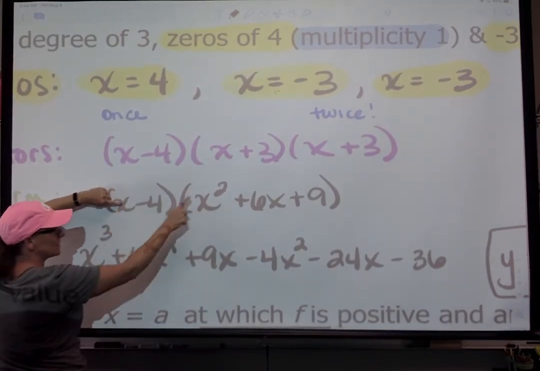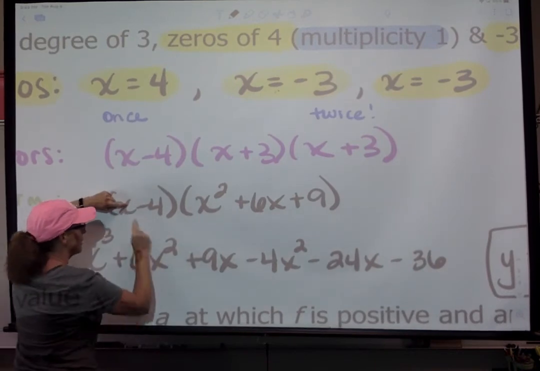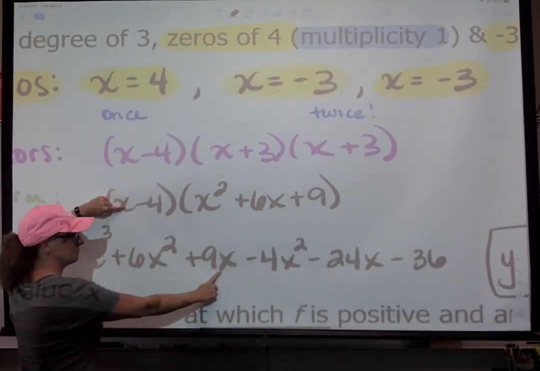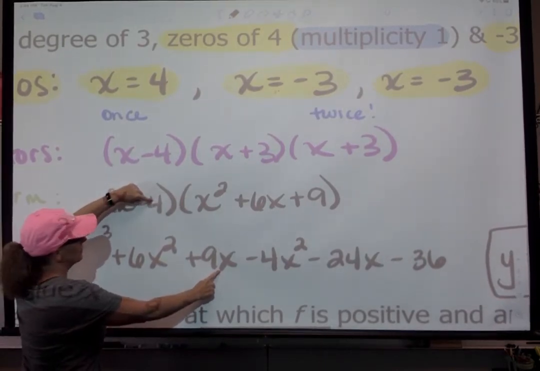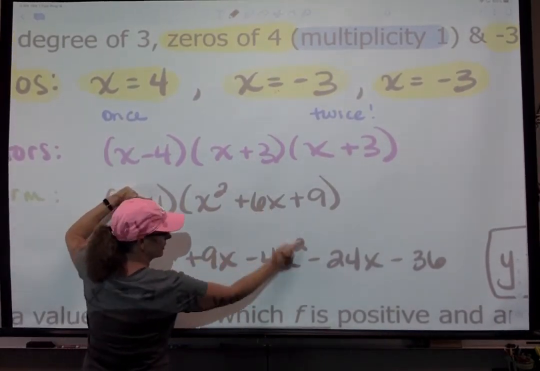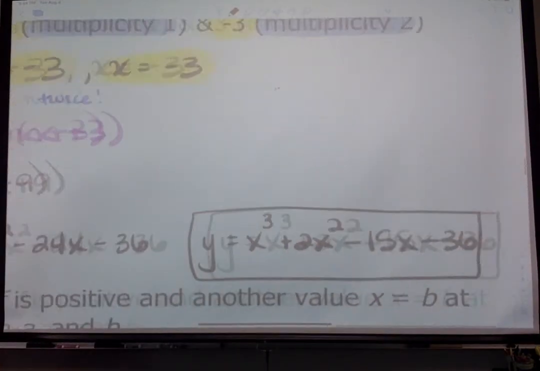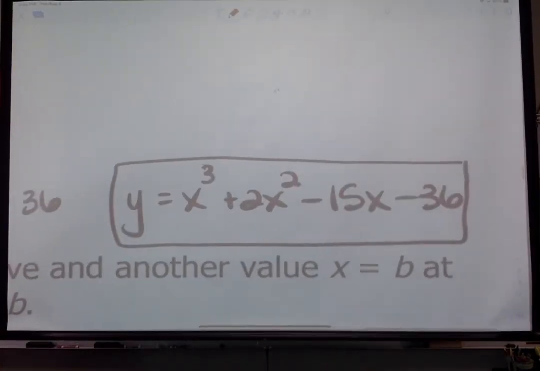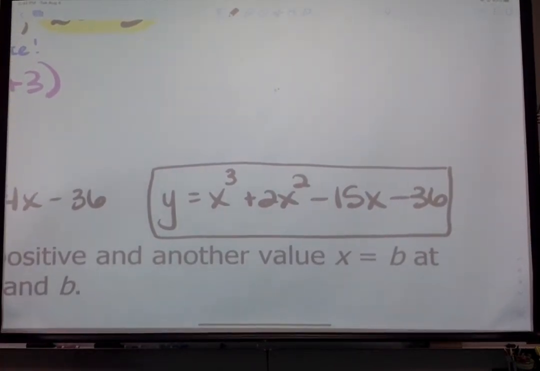I multiplied this times x squared and wrote it down. I multiplied this times 6x and wrote it down. I multiplied this times 9 and wrote it down. And then I worked on the -4 and I distributed the -4 to here, and to here. And then I collected like terms. A cubic, there it is in polynomial form.